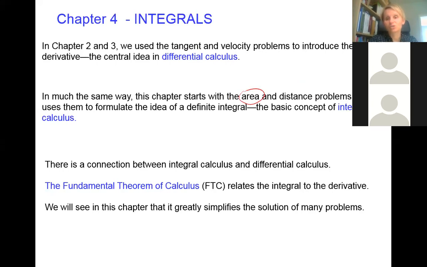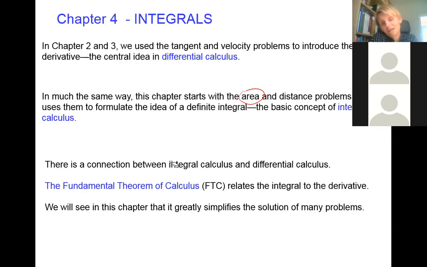We will try to formulate this and get an important new terminology, the definite integral, the main concept of the second part of calculus, integral calculus. In chapter 4, not in this session, we will see something connecting integration and differentiation, and we will formulate the fundamental theorem of calculus.